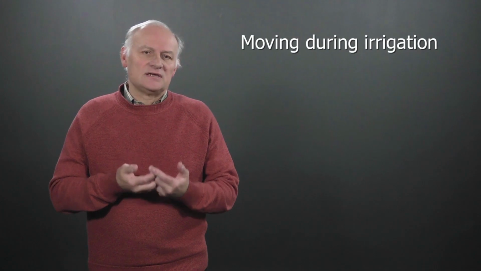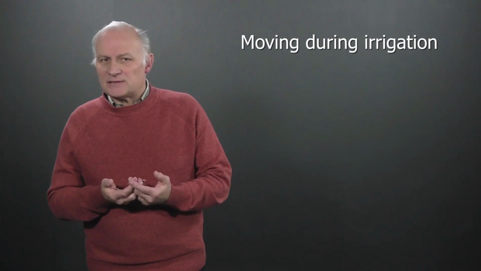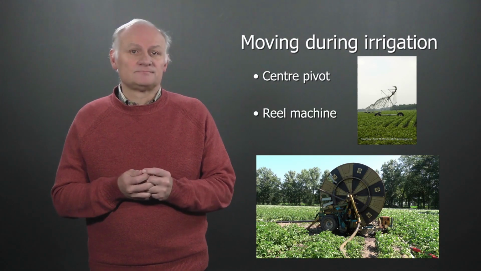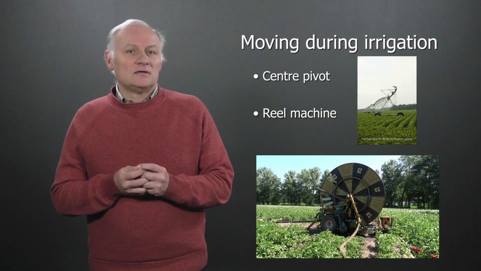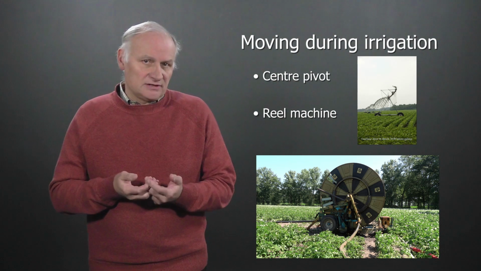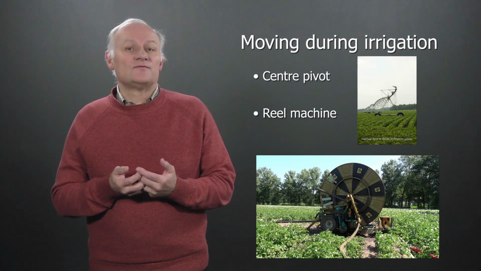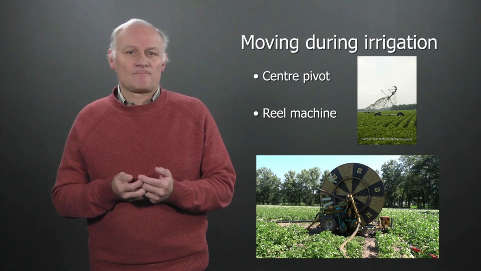To solve that problem, a lot of modern systems are actually moving during the irrigation. A typical example is the center pivot, or also the reel machine. In this way, the labor requirement is rather limited, and they still make quite efficient use of the moving sprinkler equipment.